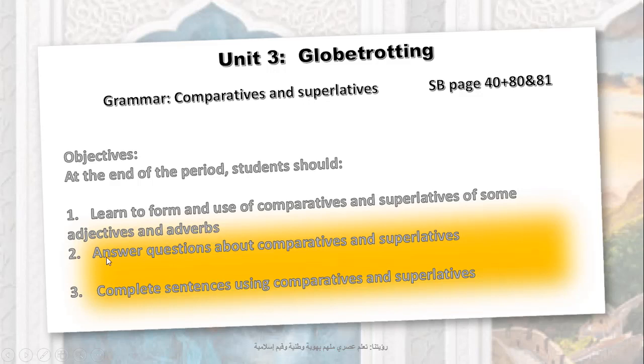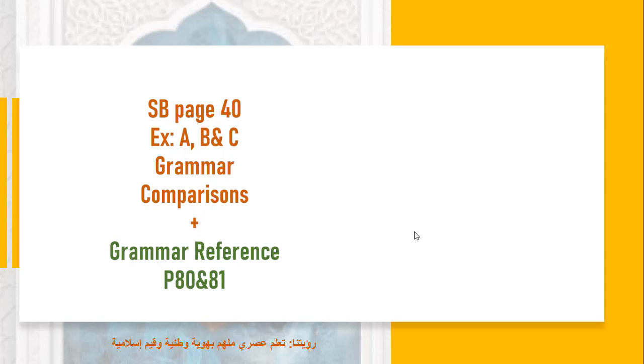Our second objective for today is to answer questions about comparatives and superlatives. We aim at the end to complete sentences using comparatives and superlatives. So, open your student's book on page 40, and as I said, we will need the grammar reference, pages 80 and 81.